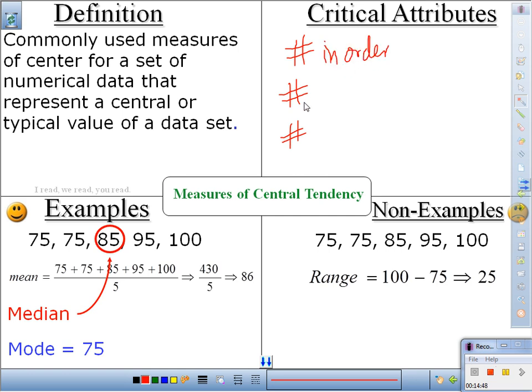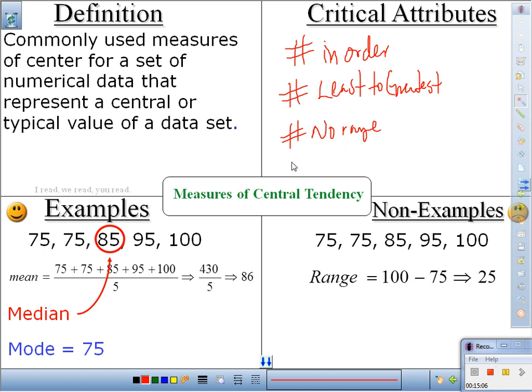Nate. Least to greatest. Mia. Hashtag no range. Anyone?